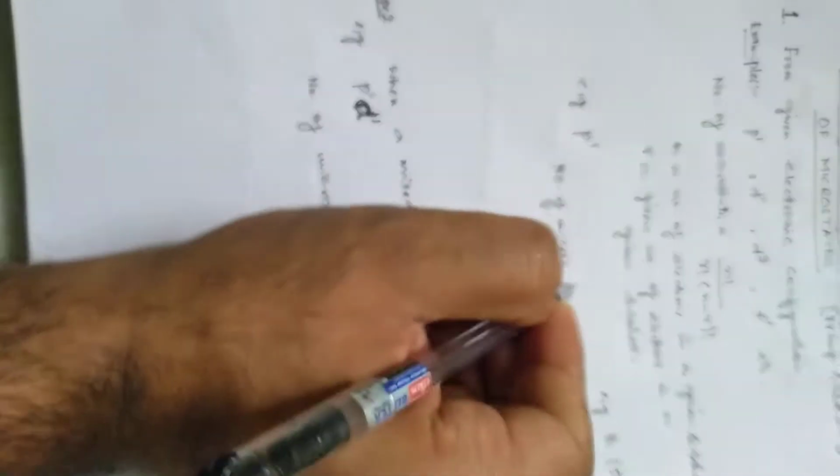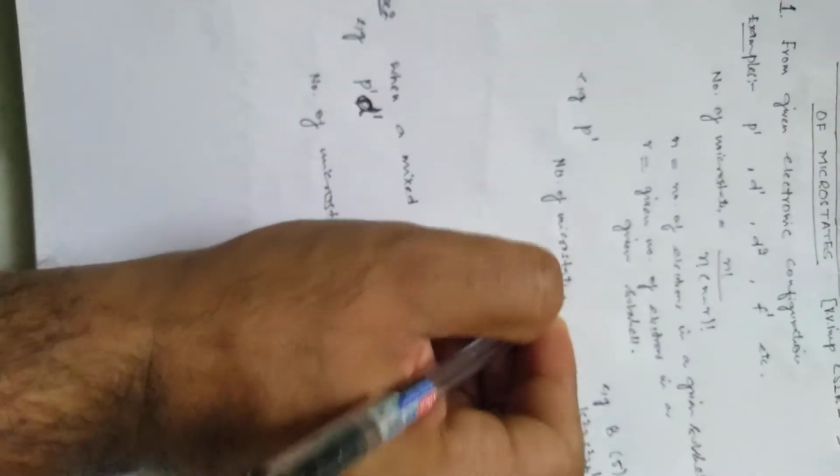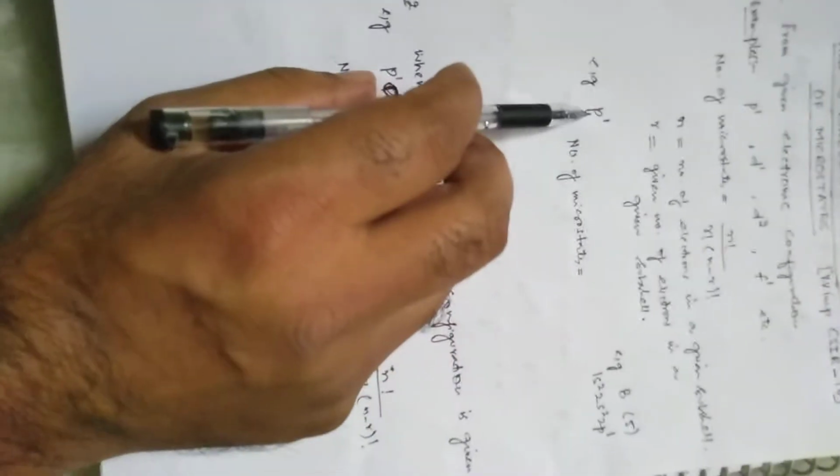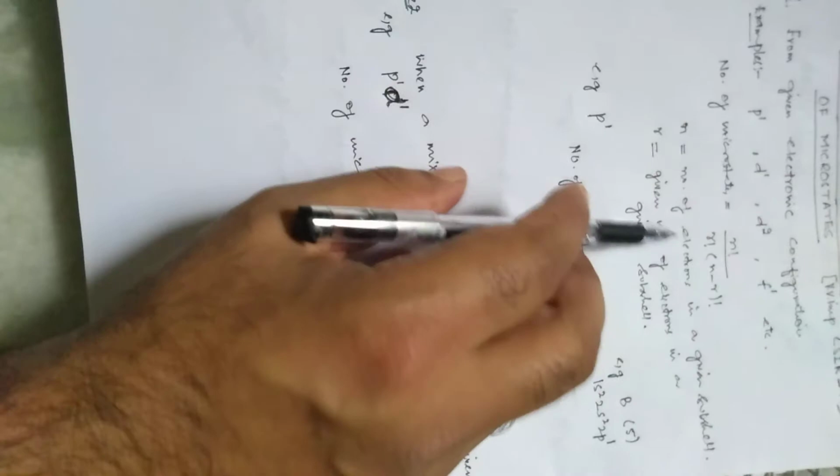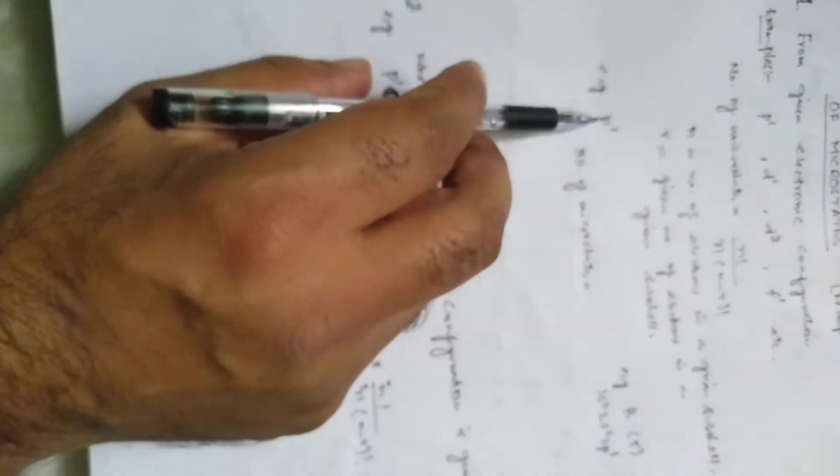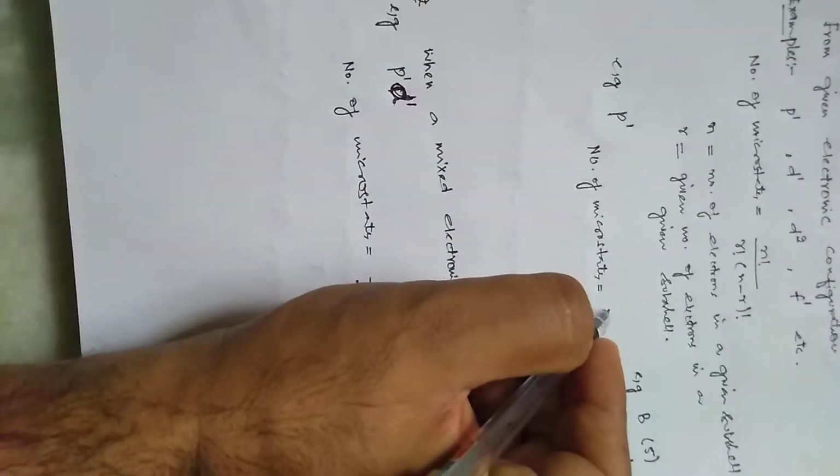We can write 1s2, 2s2, 2p1. Now we can find the number of microstates. It's very simple. That's equal to n, where n is the number of electrons in a given subshell. We know that in p we can accommodate a maximum of 6 electrons.